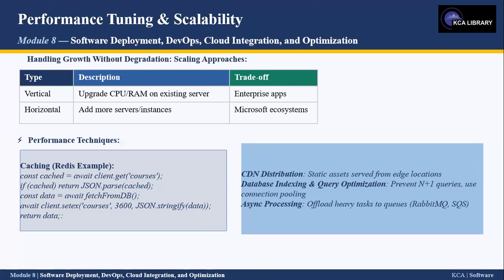Good deployment isn't enough. You must handle growth without degradation. The scaling approaches are vertical scaling, which means a bigger server with more CPU, and horizontal scaling, which means more servers with distributed load. Performance techniques such as caching with Redis dramatically reduce database load.